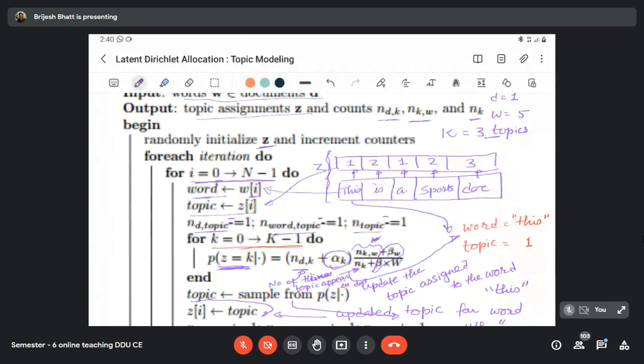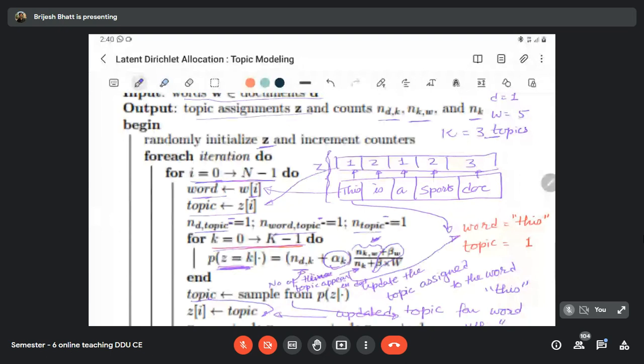So as was said, for every word we need to learn the probability for all K topics, right? So the next iteration is for k equal to 0 to k minus 1. Iterate from 0 to k minus 1 and calculate the probability of z equal to k, given the current distribution.